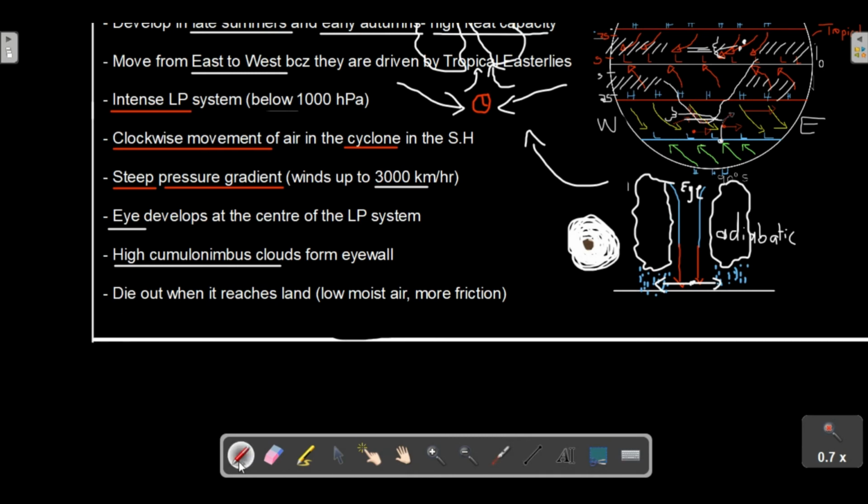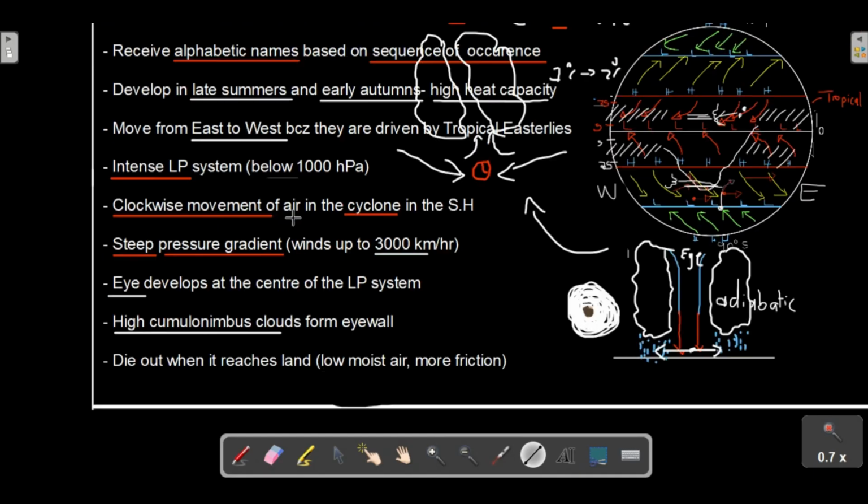Once it reaches the land, because as it is developing, it's moving over the ocean, but once it reaches the land, it dies out. The land does not have that constant supply of moist air that the ocean has, so there's no more fuel being added to further develop the tropical cyclone.